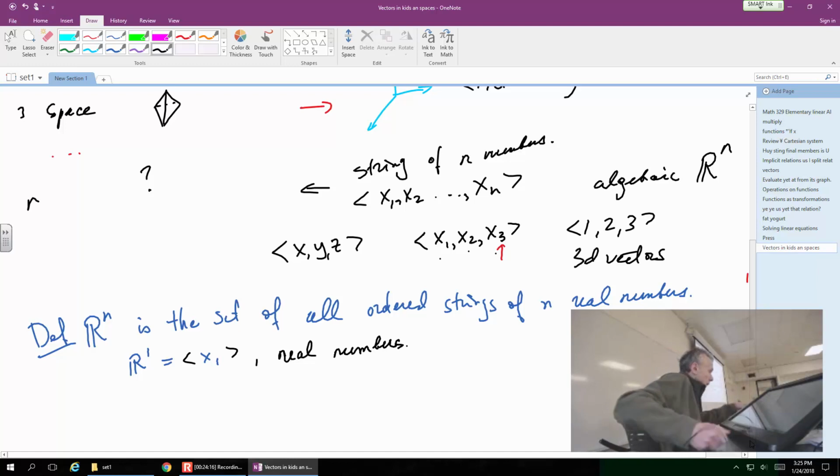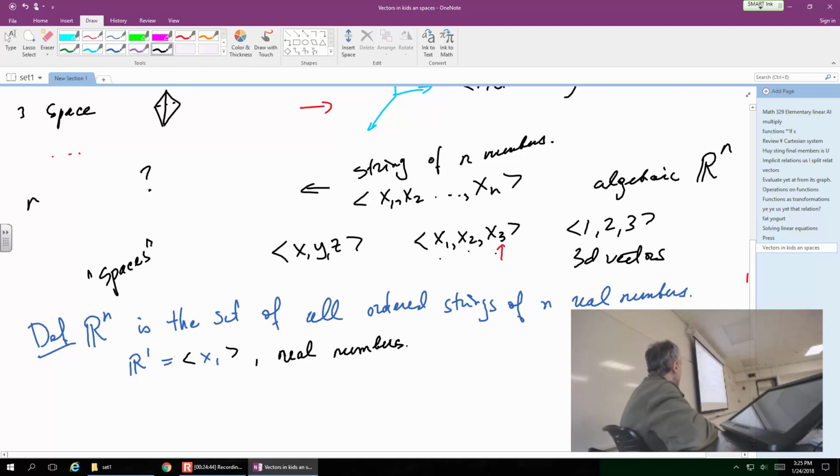Okay, so let's start with a little bit of the relative structure of these spaces. We'll refer to these as Euclidean spaces, and you just omit Euclidean most of the time, and you just indicate the dimension.